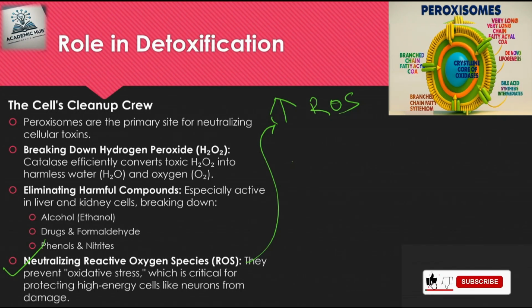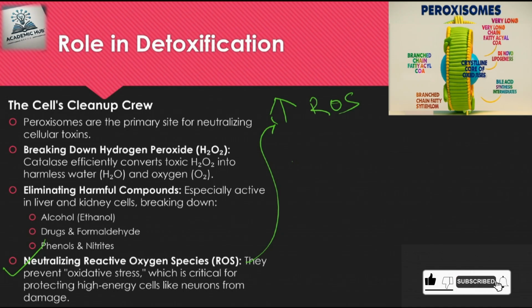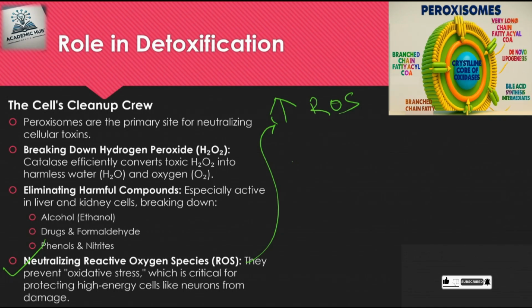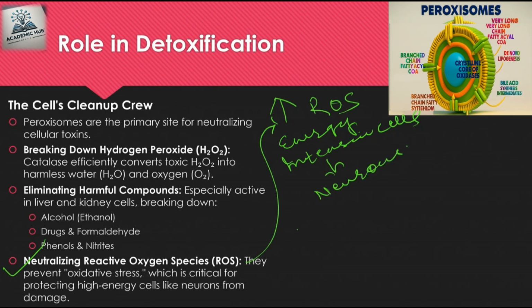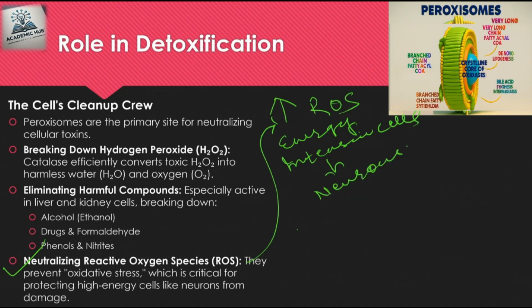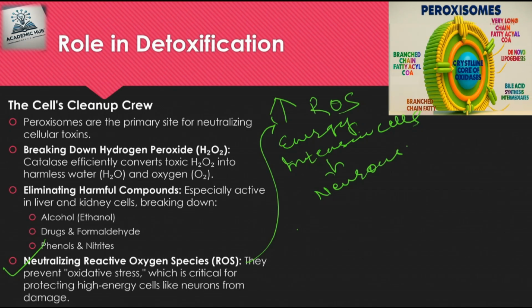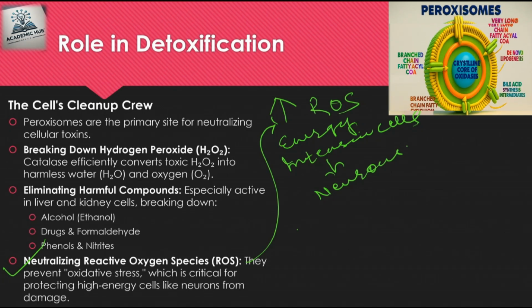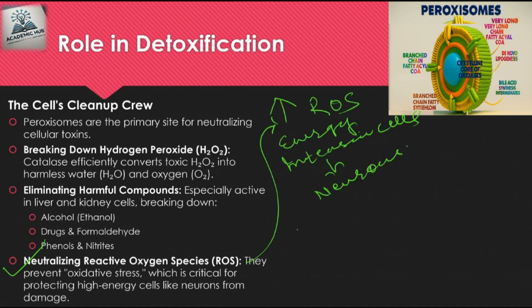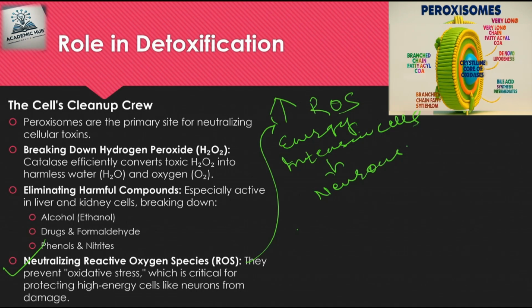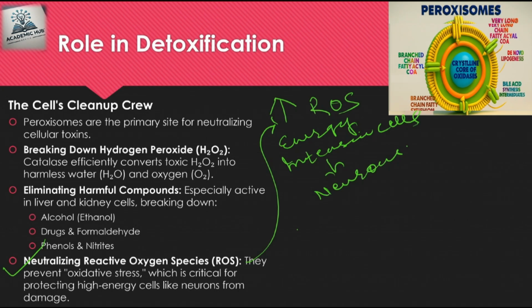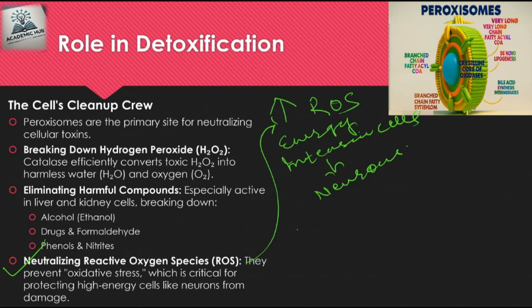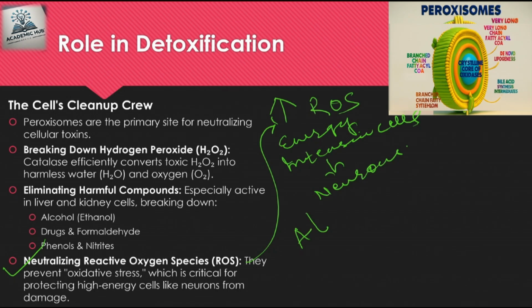This detoxifying role is especially important in energy-intensive cells such as neurons, which are highly susceptible to oxidative damage due to their high energy requirements. By shielding these nerve cells from oxidative damage, peroxisomes help reduce the risk of neurodegenerative diseases like Alzheimer's and Parkinson's.